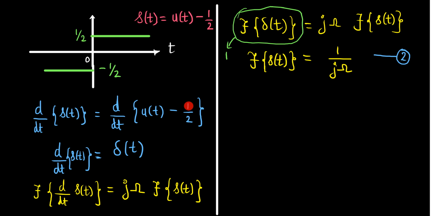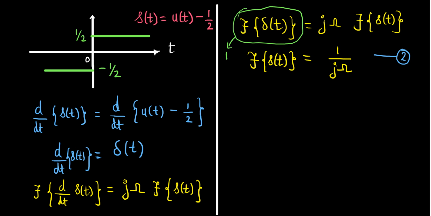So this half may be any constant. If the signal is shifted by any amount of DC shift or any constant, you are going to get the same equation, that is 1 upon j omega. Now that is the problem. Which one is correct? Because both of these equations appear to have the same Fourier transform.